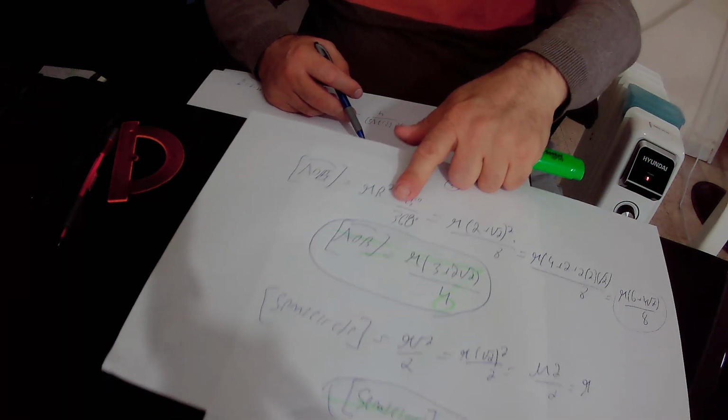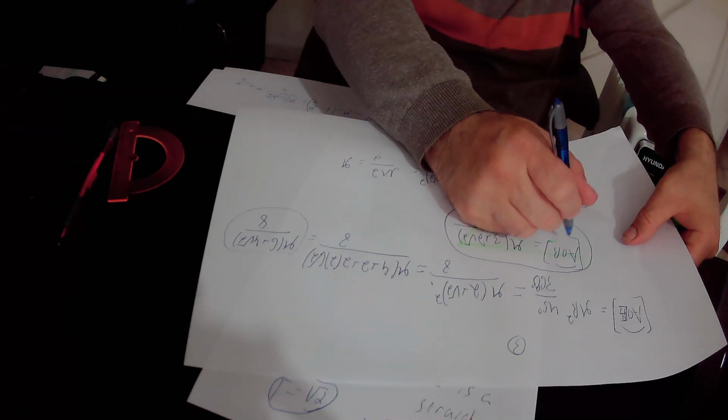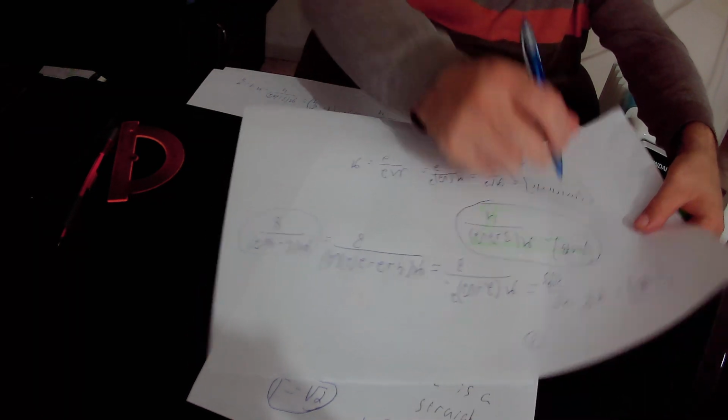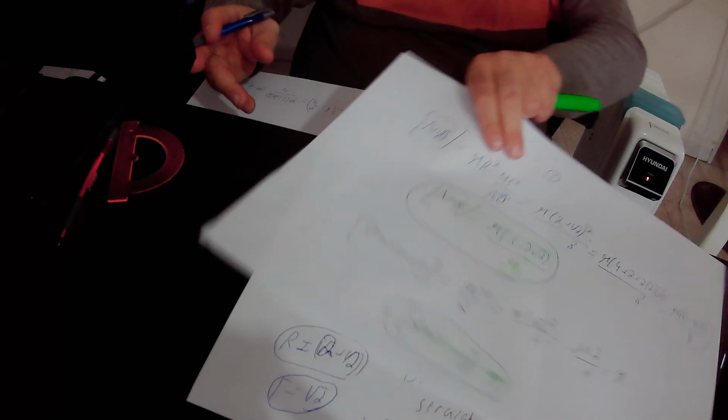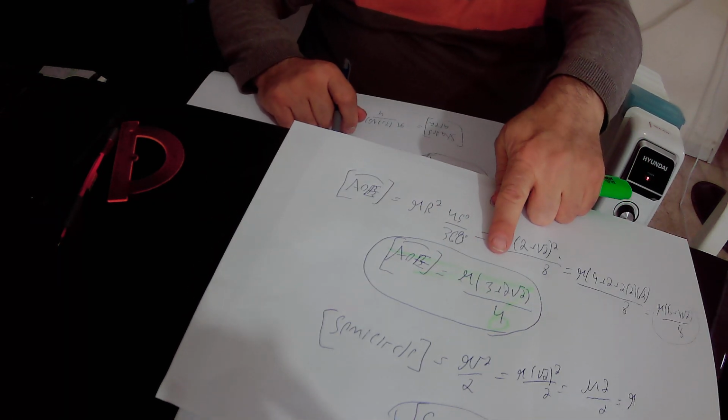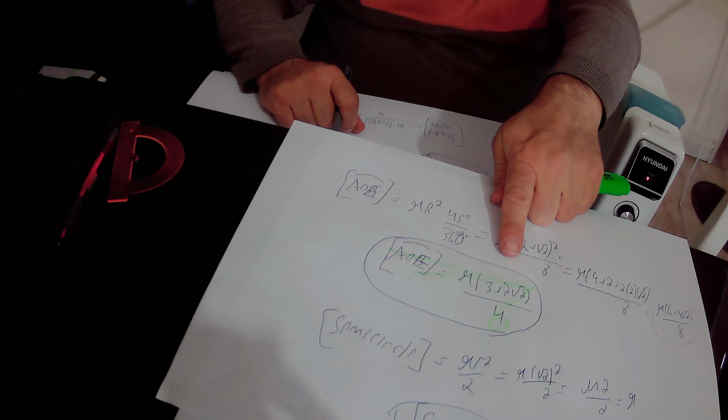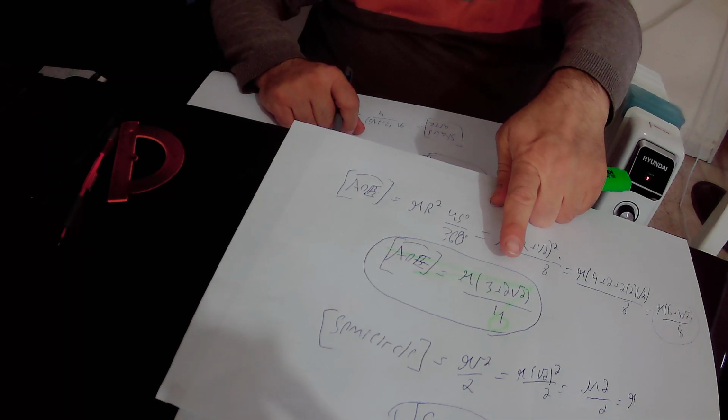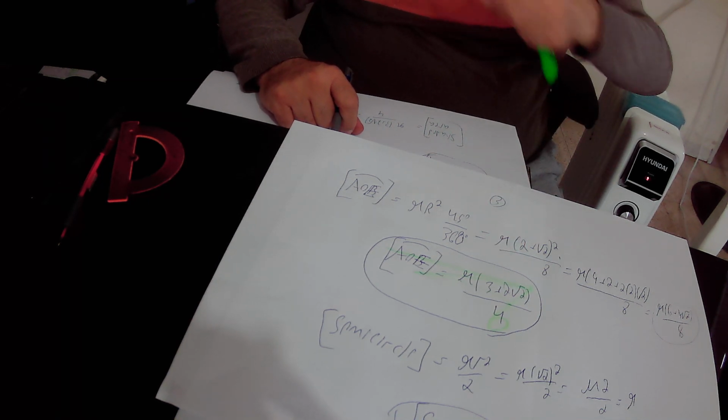So in conclusion, we found out that the area of sector AOE is equal to pi, inside the brackets 3 plus 2 times root of 2, over 4 square units.